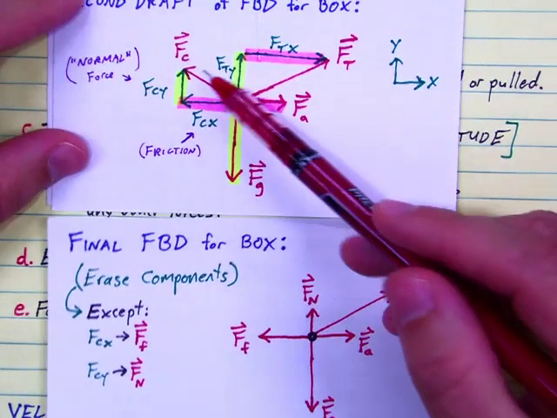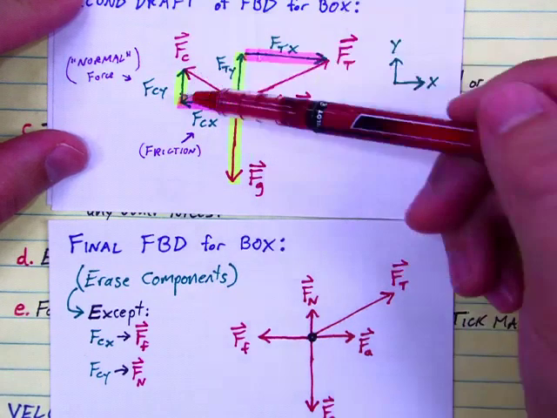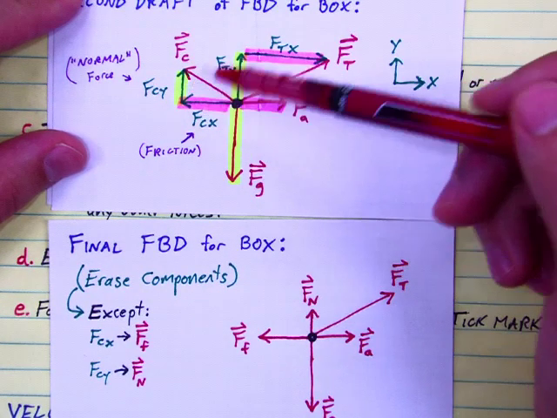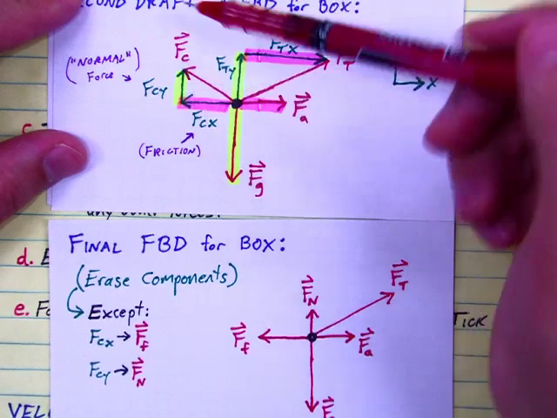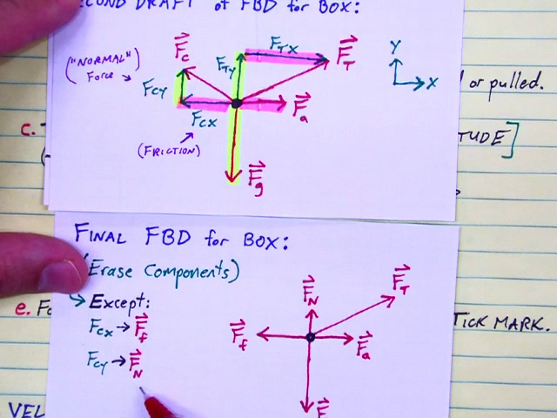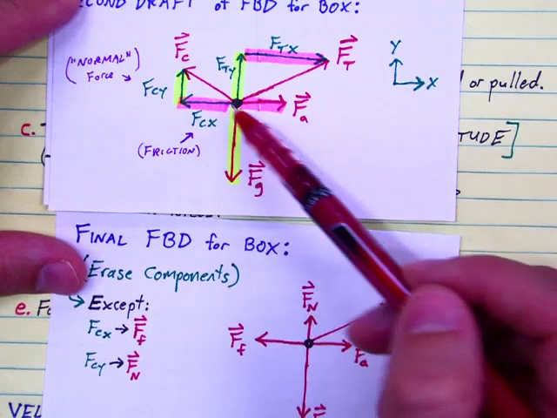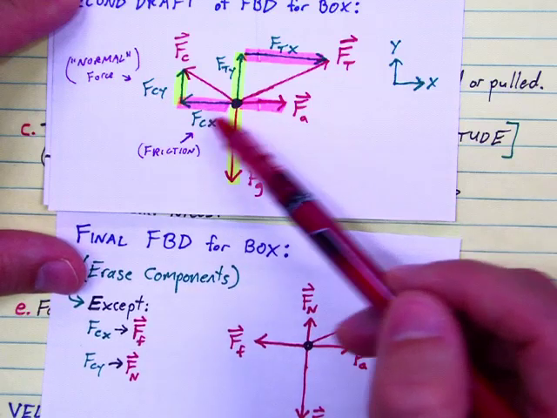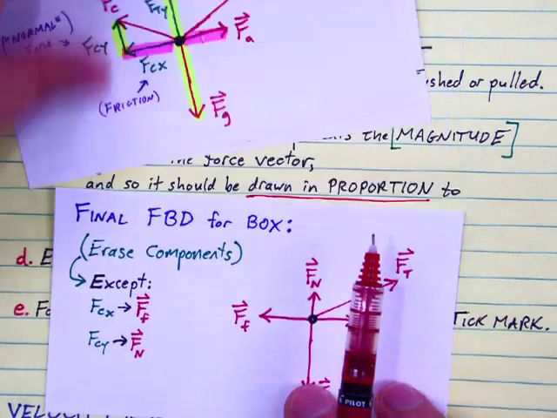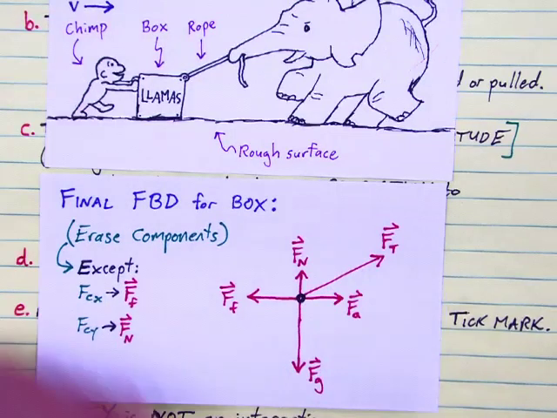With a contact force from a surface, you actually draw in the two components separately as if they were two separate forces. So we're going to replace this component with something that looks like its own force, a normal force, F sub n, and replace this component here, the part parallel to the surface, that friction, with its own force, F. So here's our final FBD for the box.